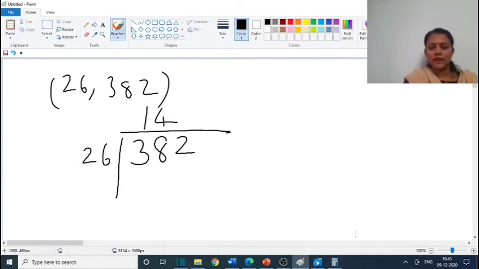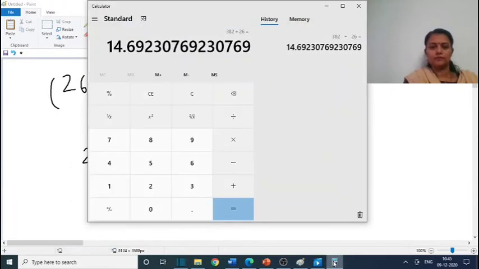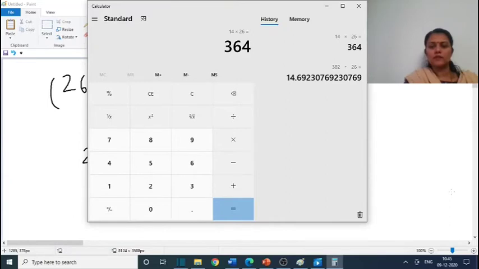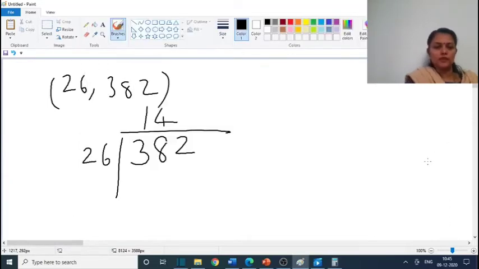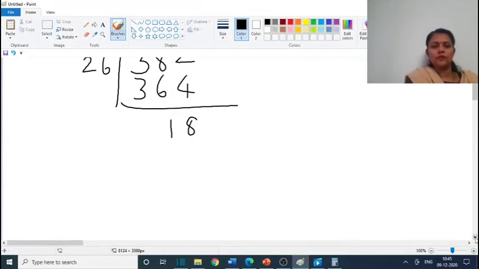Now we have to find the remainder. For that, 14 into 26 is equal to 364. So the remainder is 18. Now divide 26 by 18.